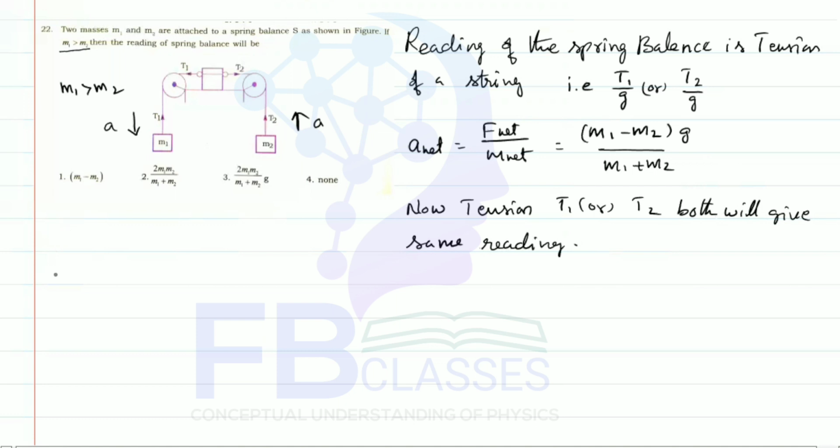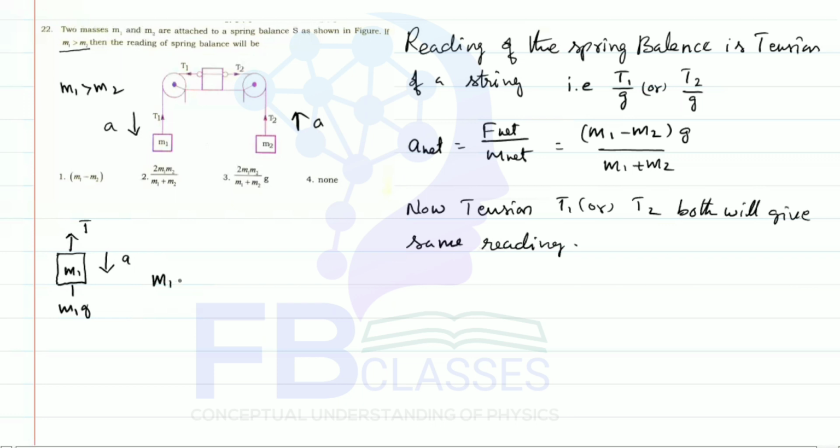See here now. So first I am going to find out the tension T1. I'll draw the free body diagram. So this is m1g and mass is m1. Tension will act upward and acceleration will act downward because m1 is greater.